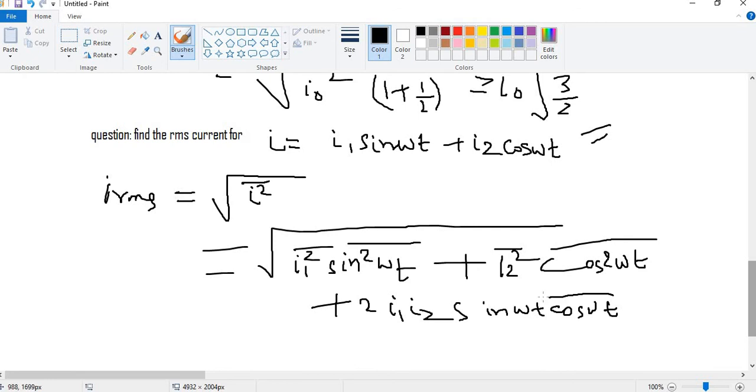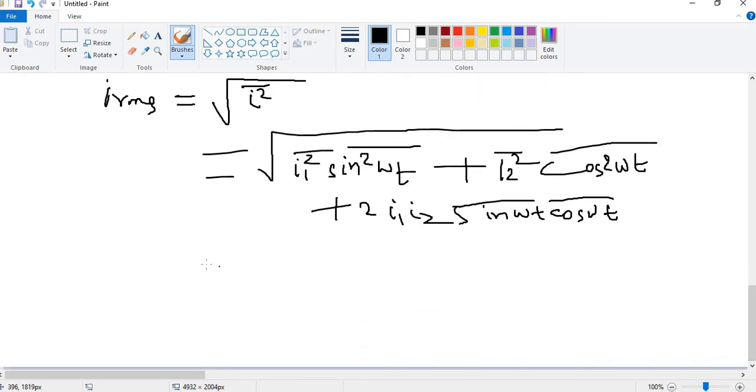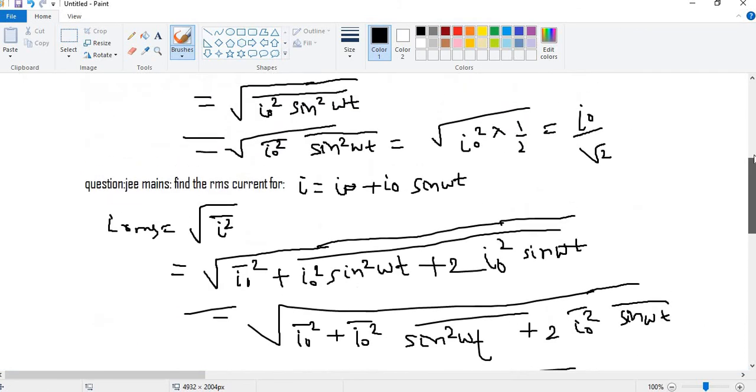Now I am going to put in the values. The first one will be I1 squared only. Now what is the shortcut for the mean of sin squared omega t?